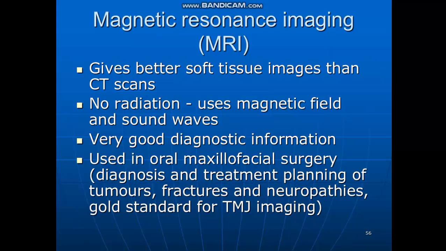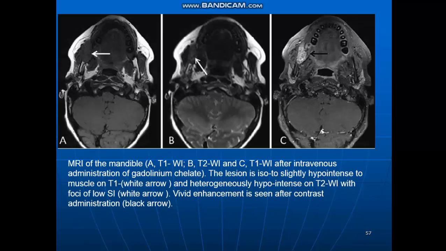We can receive very good diagnostic information, and for diagnosis and treatment planning of tumors, fractures, and neuropathies, we can use this method. Also, this method is a good gold standard method for temporomandibular imaging, and you know that this method uses no radiation. It is the main advantage of magnetic resonance tomography.